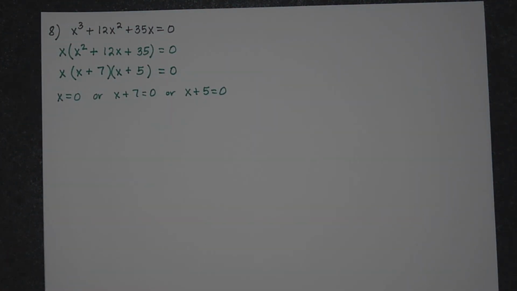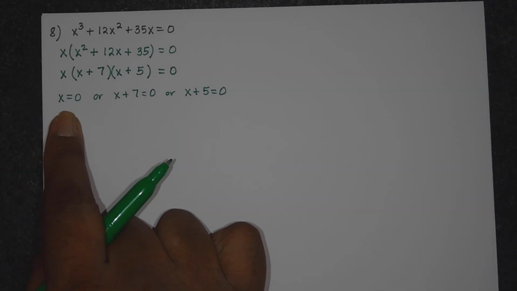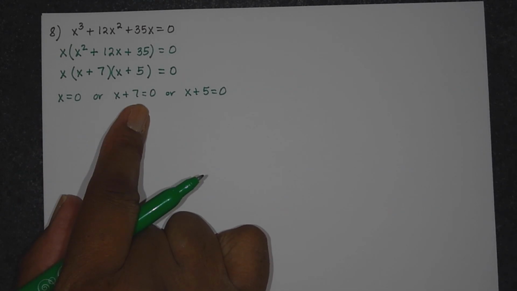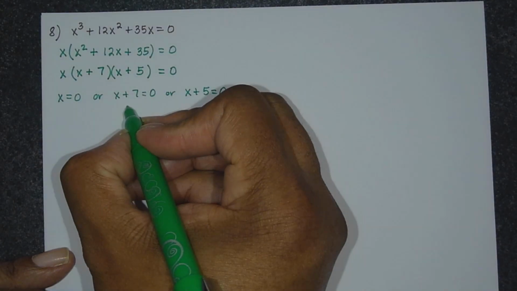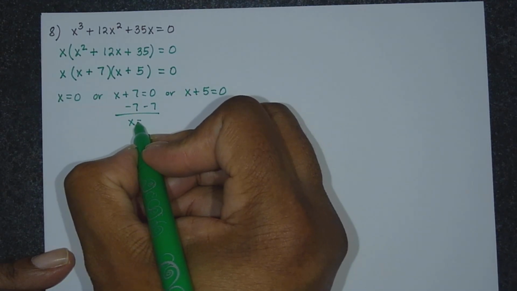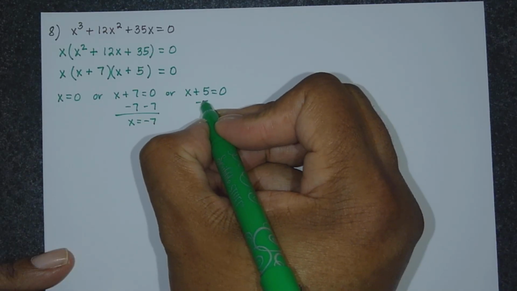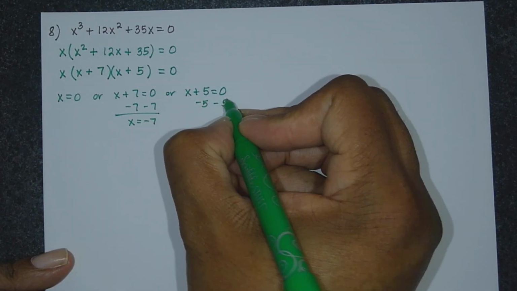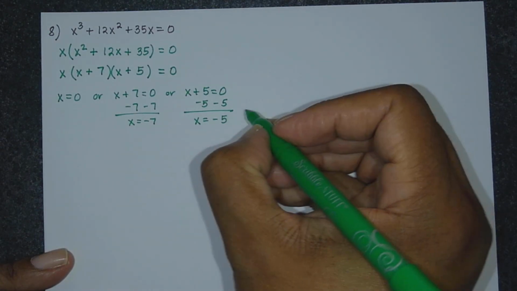And in each equation we will solve for x. So x equals 0 is already solved for x. For the x plus 7 equal to 0, what must x be equal to? -7. And then for the x plus 5 equals 0, what must x be equal to there? -5.